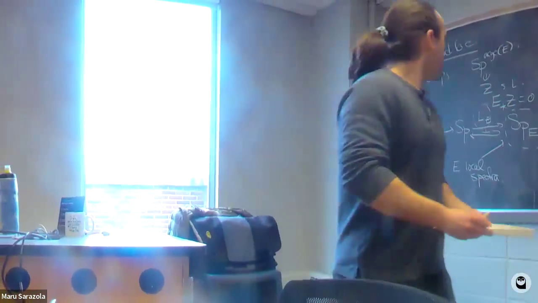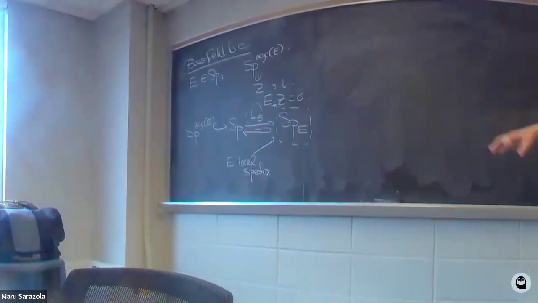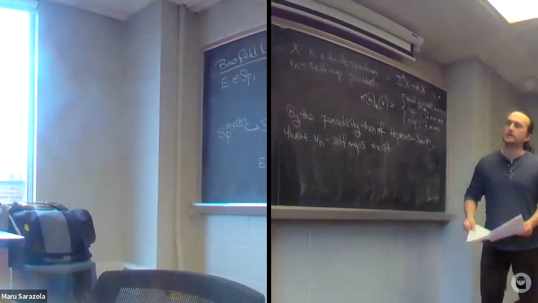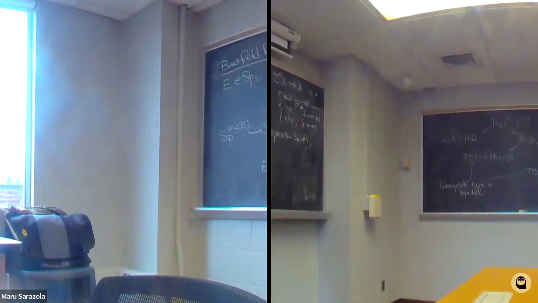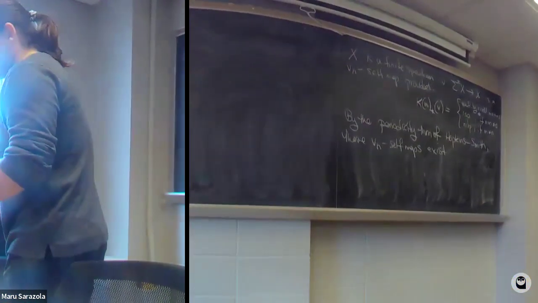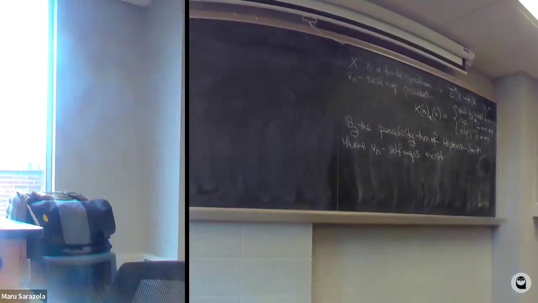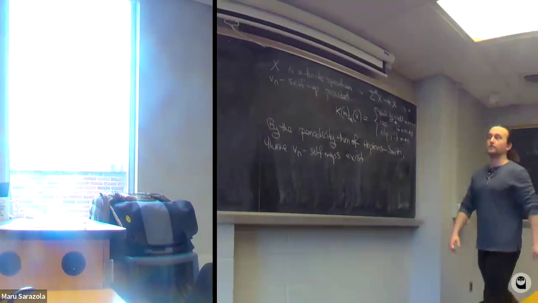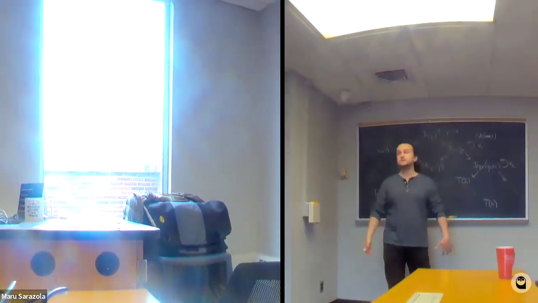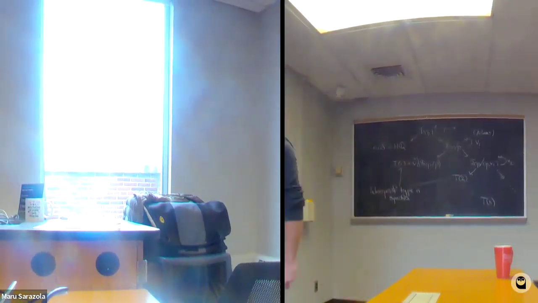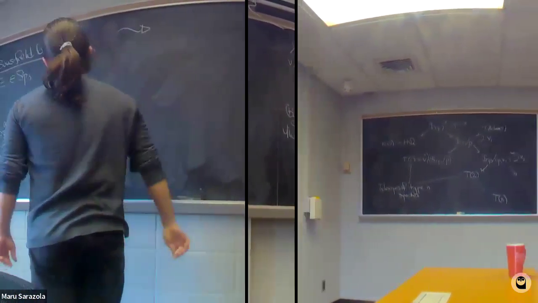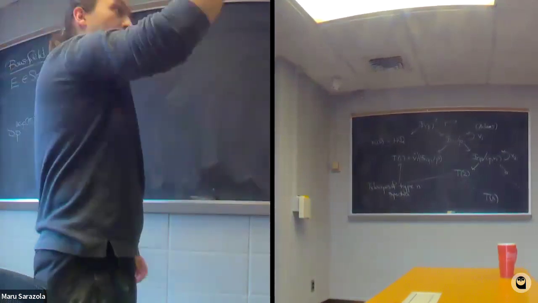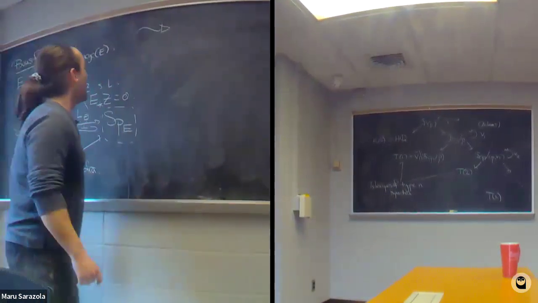And okay, so this is some kind of categorical nonsense you could do to complete some spectra, or only look at a particular kind of information you're interested in, like the rational part, or you're only interested in the p torsion, and so you'll p complete or something like this. And what you can do is cook up some Bousfield localization functors associated to some of the homology theories that we've considered.